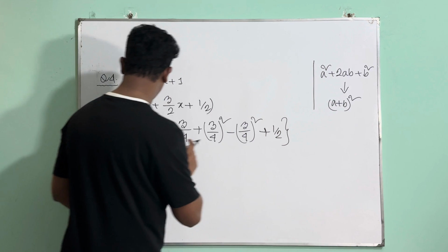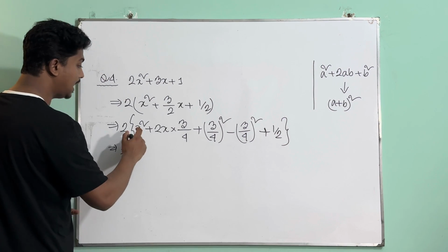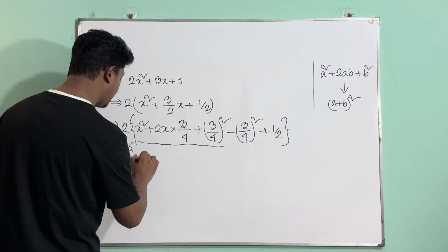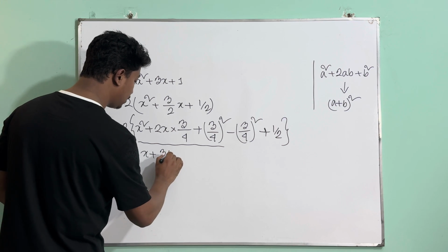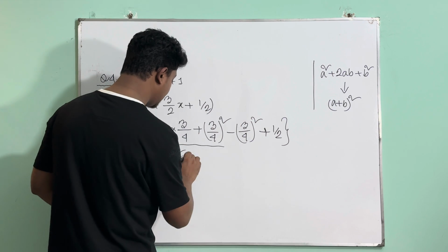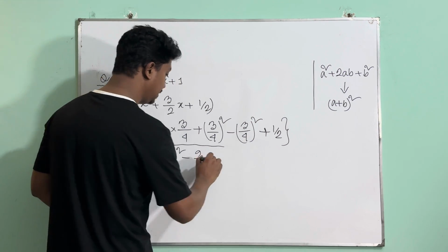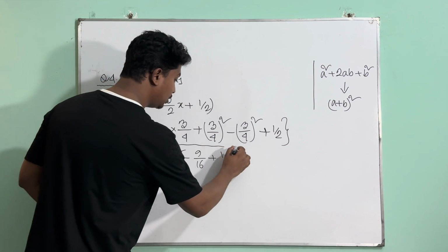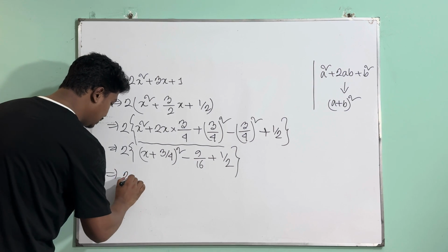Okay, so that's it. This 2 stays there, no problem. Now, using these first 3 terms, you can easily write that formula, (a + b)², (x + 3/4)², then minus 3 square is 9, 4 square is 16, you have half, 1/2. Okay, let's close it. Now we are going to calculate that part. We are not done yet.